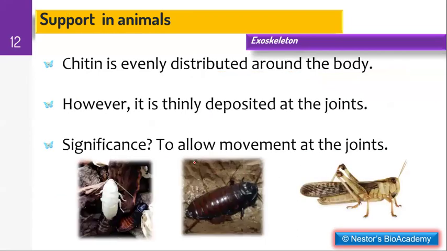Now, we are saying it is being produced by the epidermal cells. And one thing that you need to always note about the exoskeleton is that it is always periodically shed off.